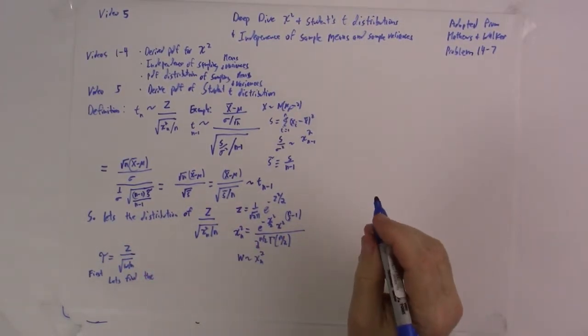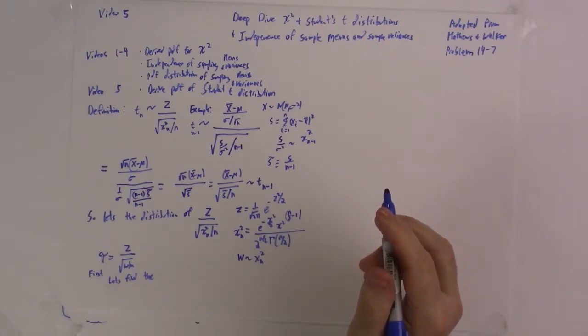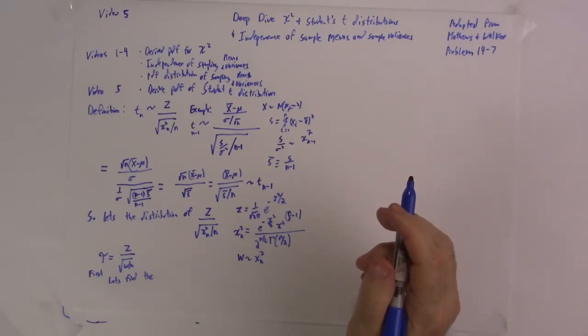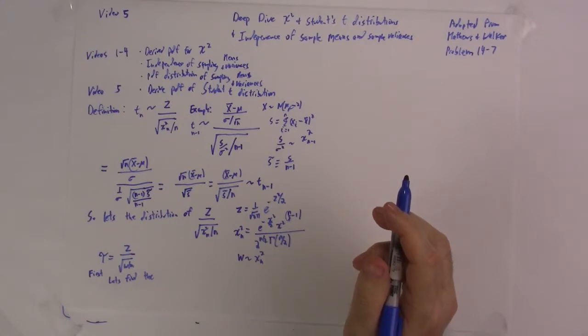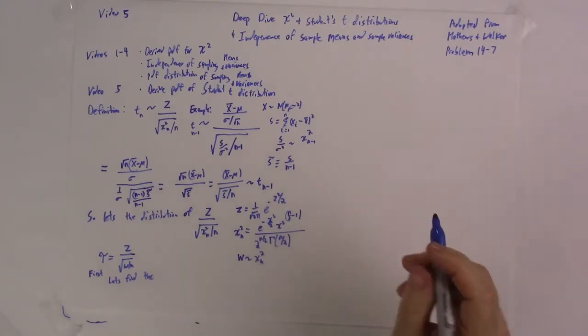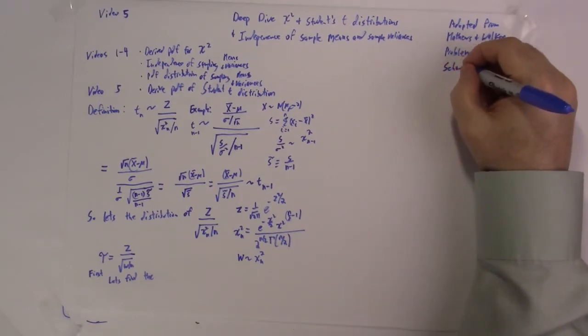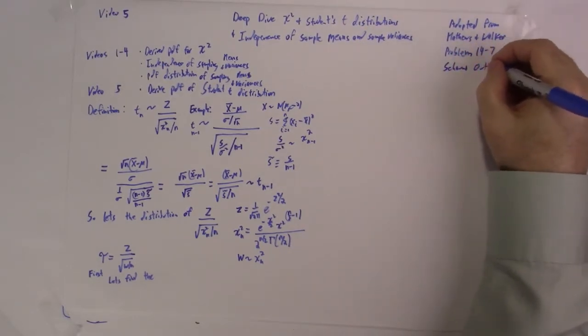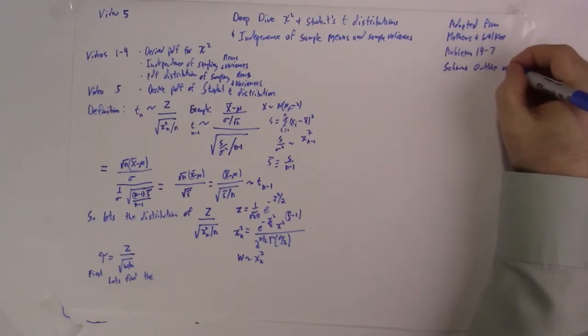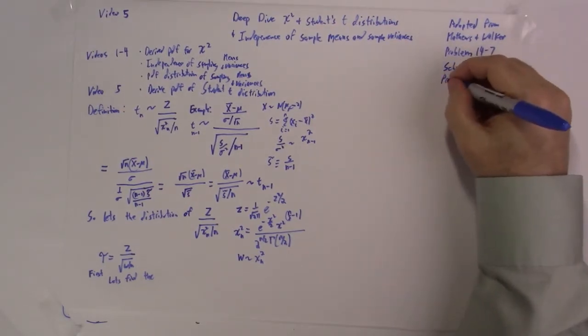And I want to warn you, this is probably the most heavily mathematical of these videos, and we're going to do some integrals and tricks. I did not figure these out by myself. I'm stealing this from Schaum's outline of probability and statistics.